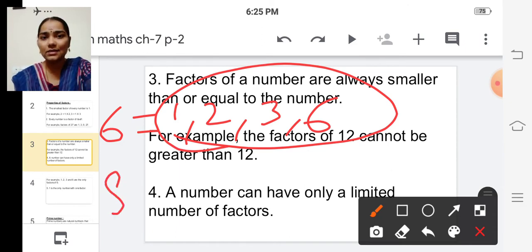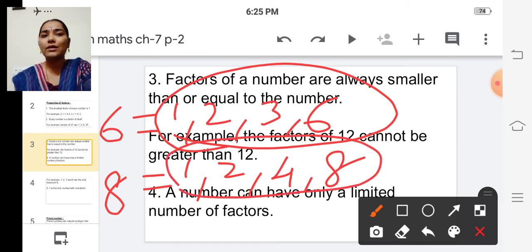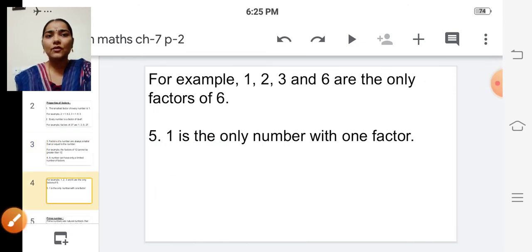If we take 8, what are the factors of 8? 1, 2, 4 and 8. So, a number can have only a limited number of factors. For example, 1, 2, 3 and 6 are the only factors of 6.